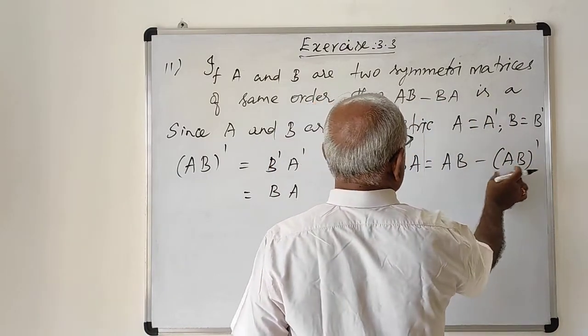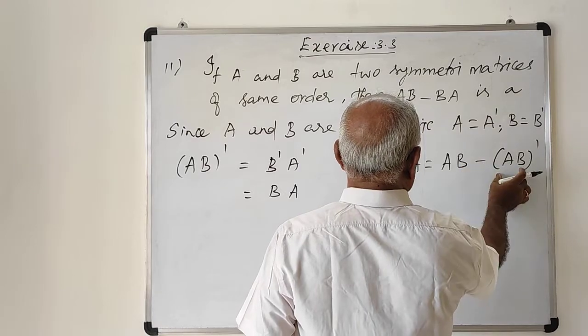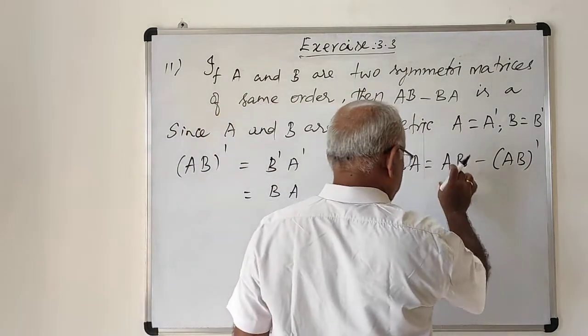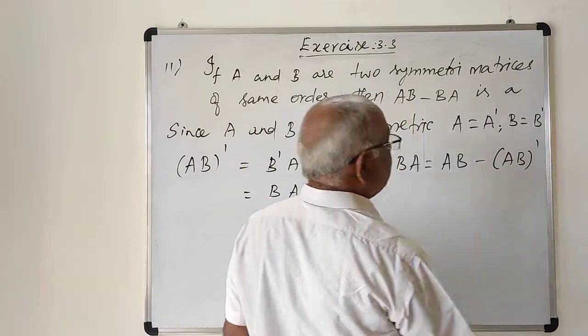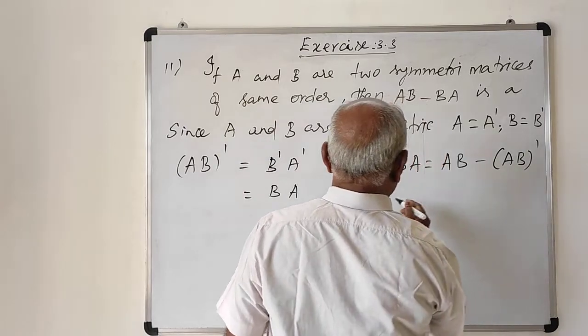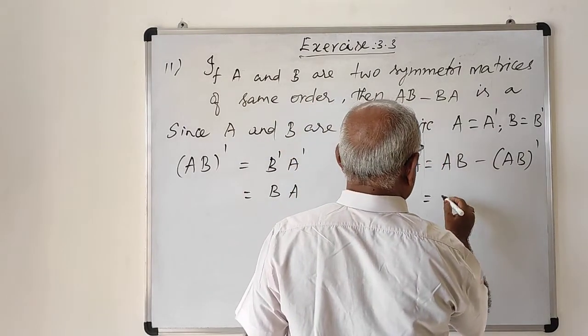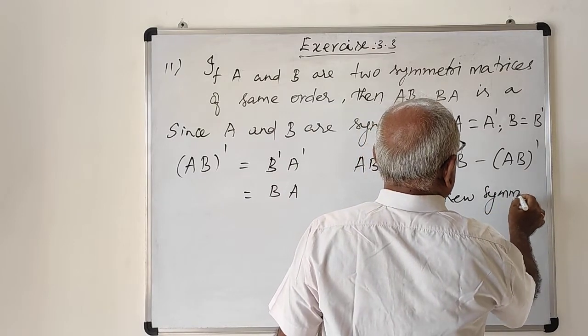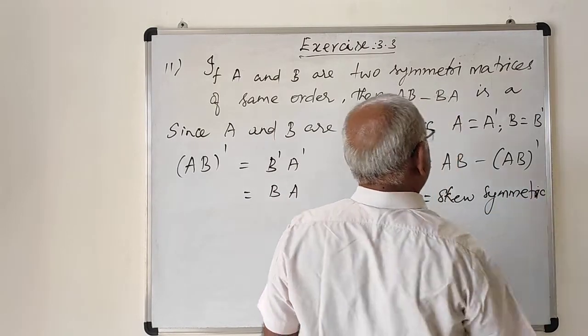We know that A minus A dash is a skew symmetric matrix. Therefore, AB minus BA equal to AB minus AB dash, by the property of transpose of the matrix. A minus A dash is skew symmetric, therefore it is skew symmetric.